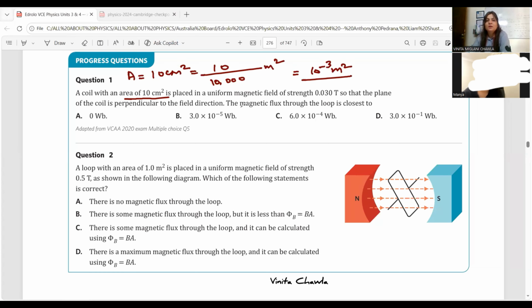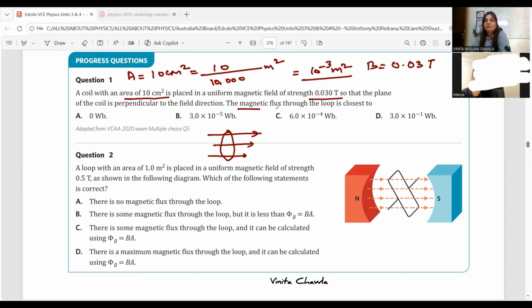It is placed in a uniform magnetic field of strength 0.03 Tesla, so that the plane of the coil is perpendicular to the field direction. Plane of the coil perpendicular means we have placed the coil perpendicular to the field lines.